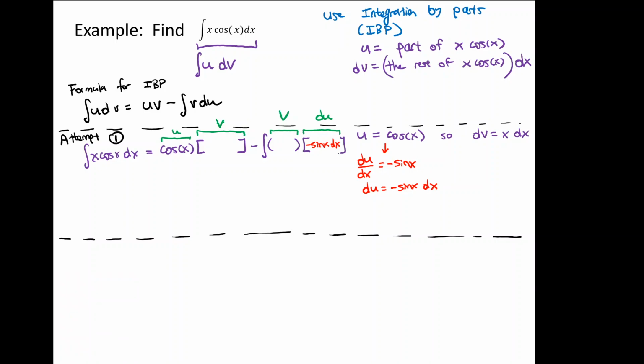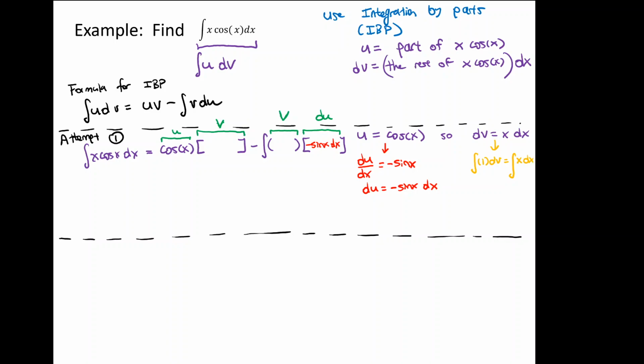Now we need to get v to plug into those two pieces. To get v, we're going to take the antiderivative of both sides of the expression. There's a 1 that's hiding there. dv is the same thing as 1 times dv, equals integral of x dx.